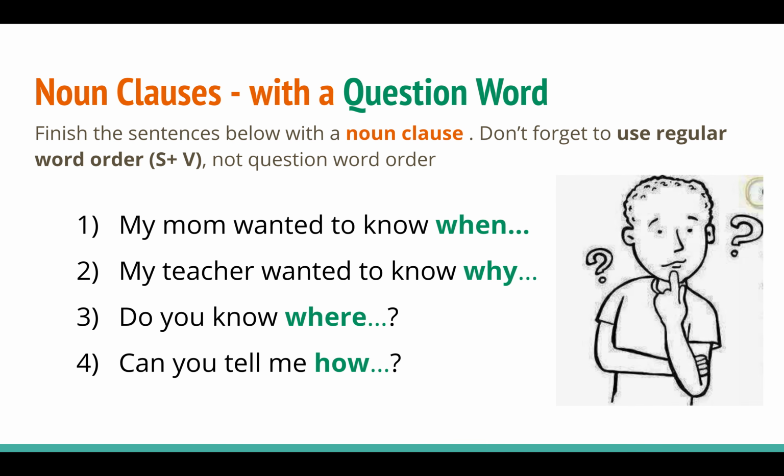Okay, so once again, your answers will probably be very different from mine, and that's fine. Just make sure that after each of these words in green, that you have a subject and a verb. So I hope that helps. We only have one more type of noun clause to talk about next, so please watch the next video.